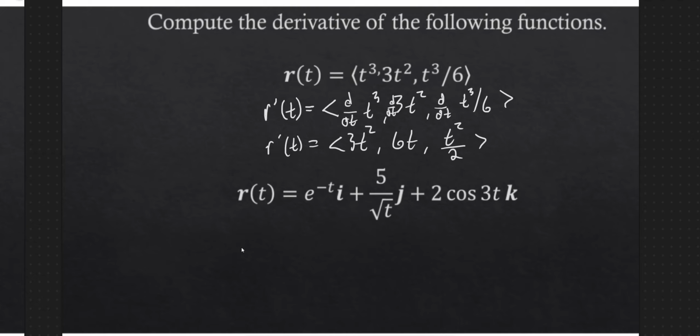Pretty cool, huh? We can do the same thing down here, r prime of t. So derivative of e to the minus t, remember your chain rule. Derivative of the inside is a -1, so that's... I'll write this in i, j, k form like I'm given here. I could write it in vector form as well. It doesn't matter. So this will be minus e to the minus t in the i direction. Plus, I have 5 over square root of t.